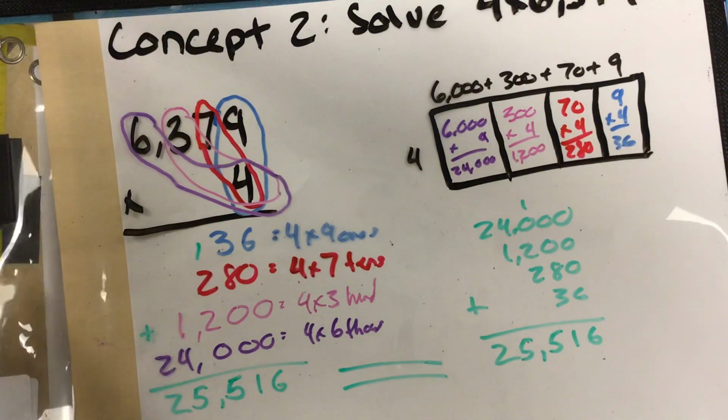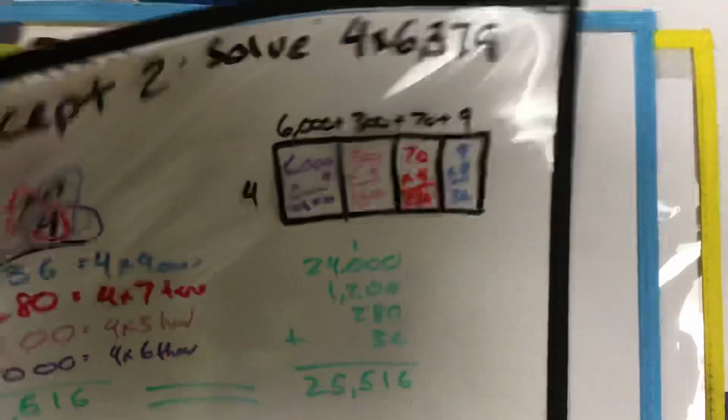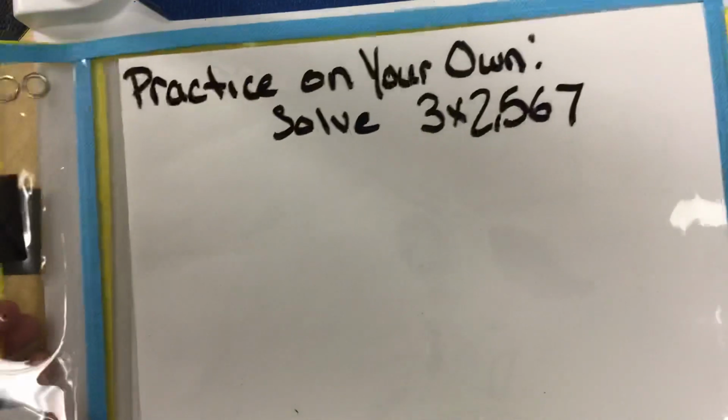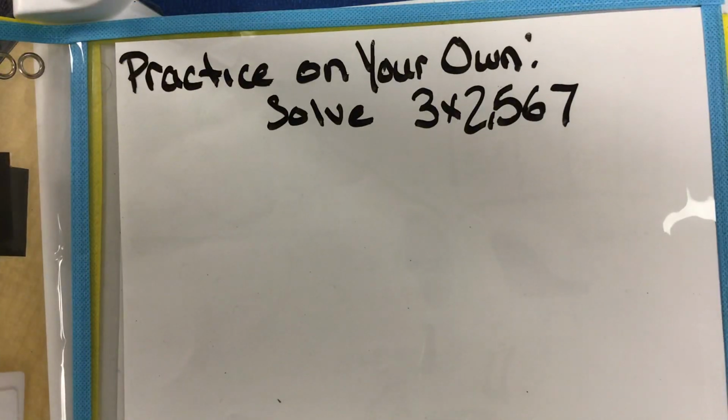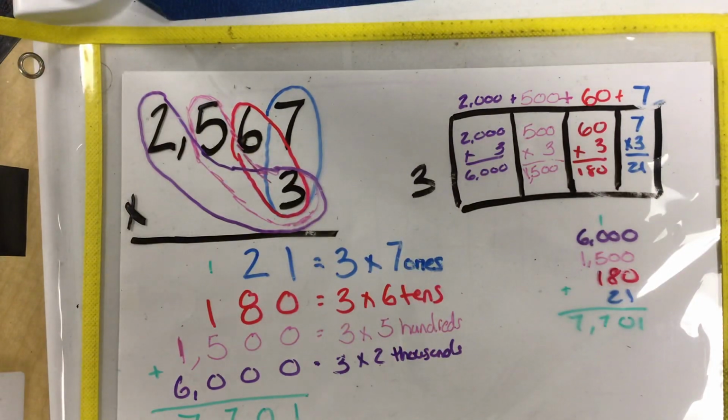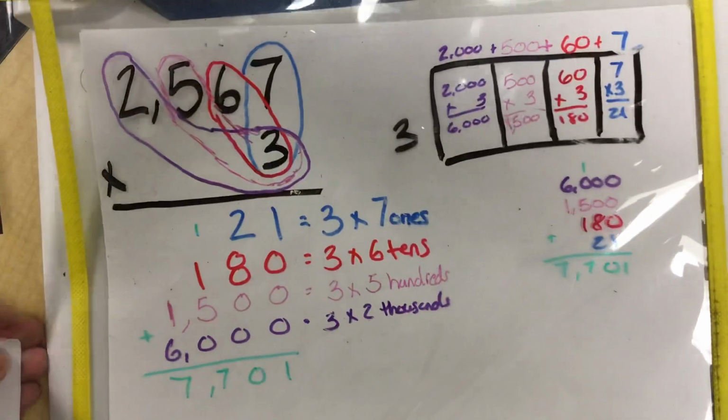Okay. Now you're going to have a chance to try one more on your own. You're going to practice solving 3 times 2,567. So take this time to pause the video and press play to come and check your work. All right, here is our work.